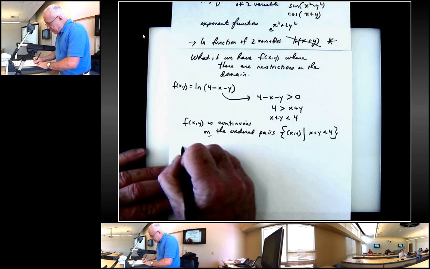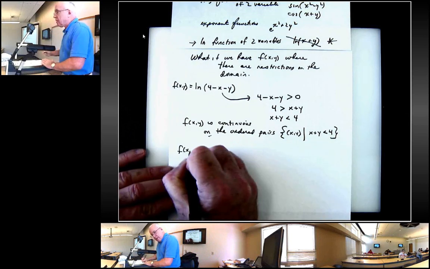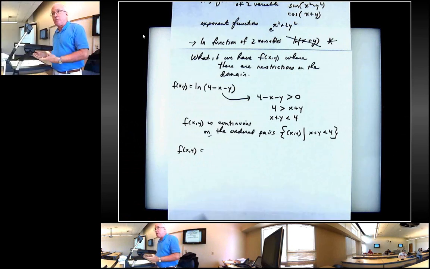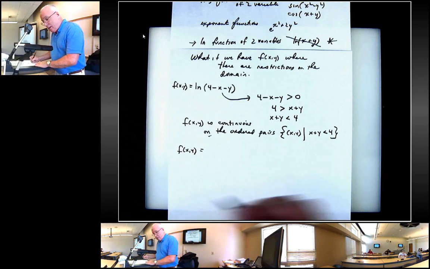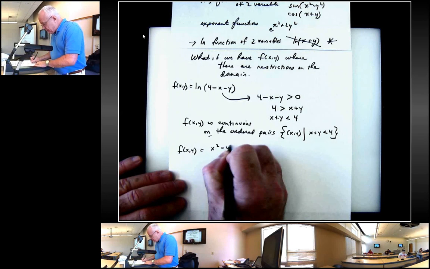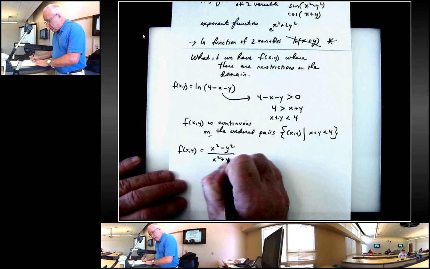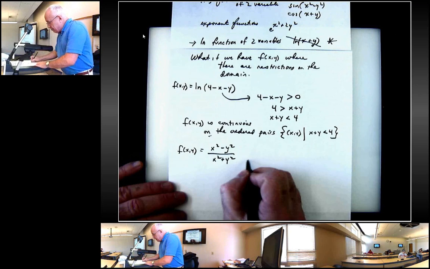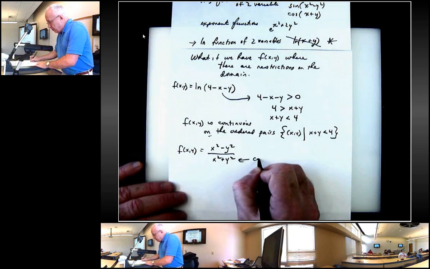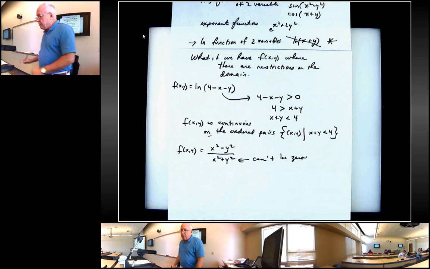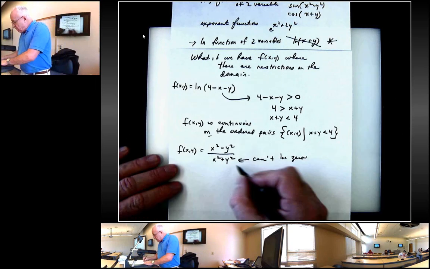Let's then look at another example. Let's look at f(x,y). This time, let's introduce a denominator, because that always causes problems because we can't divide by 0. So let's have x squared minus y squared divided by x squared plus y squared. All right. So this can't be 0. When do we have a problem?